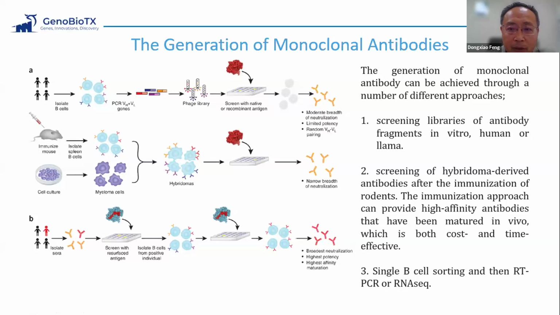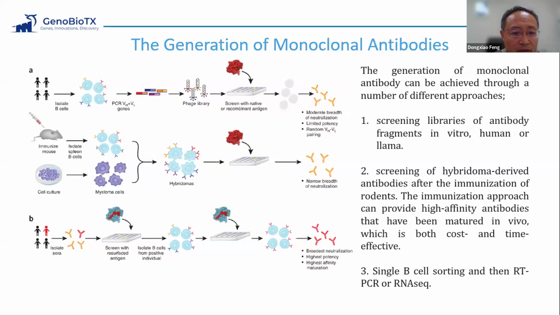The first one, as the most conventional one, is a hybridoma from immunized rodent. The second one is a phage, or whatever surface display, either phage, yeast, mammalian cell, bacteria. So you can set up an antibody library, so you can screen antibody from the library for monoclone.